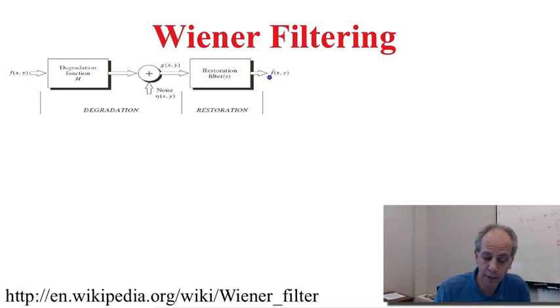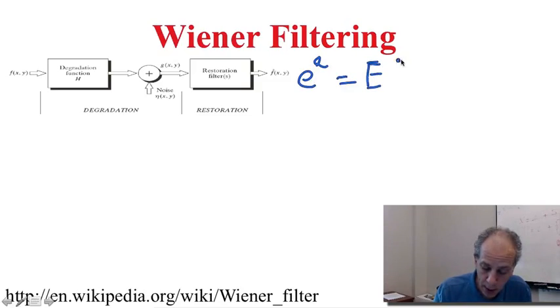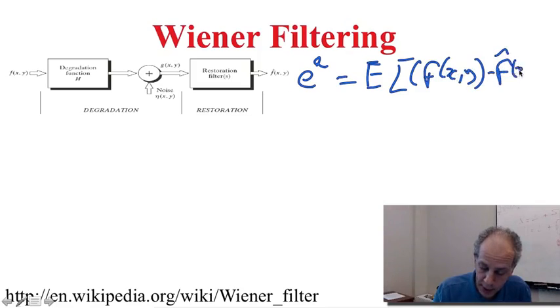The basic idea of Wiener filtering is that we want to minimize the mean square error between the reconstruction and the original signal. So I'm going to write the mean square error is basically the expectation of the square of the error between the original signal and the reconstructed signal. And we have talked a lot about this type of error in the past.